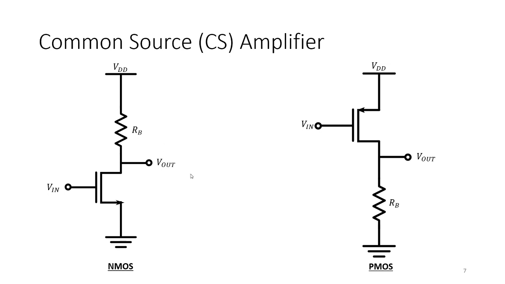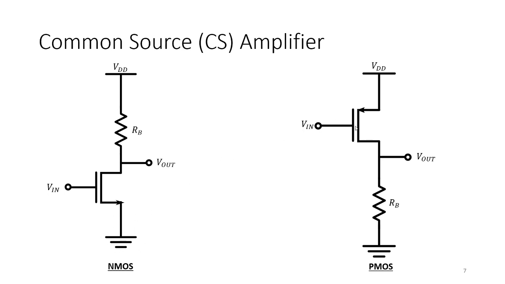It is because the source, so remember that the source is the terminal with an arrow, is common to calculate the VGS and the VDS of the amplifier. As you can see, VGS is V in minus the source voltage, and the VDS is V out minus the source voltage. So it is common to both VGS and VDS because the source does not change.